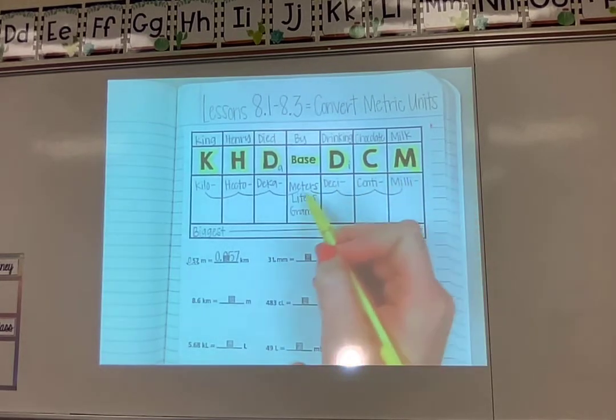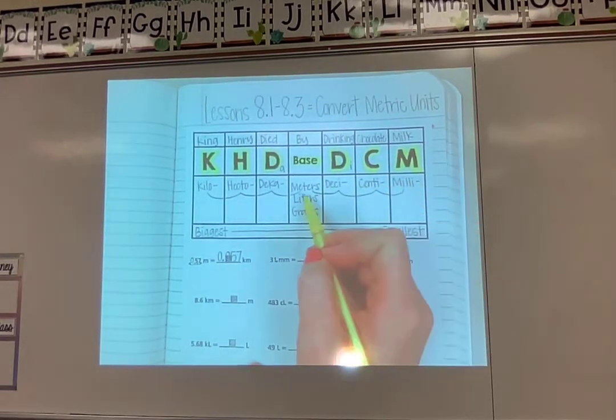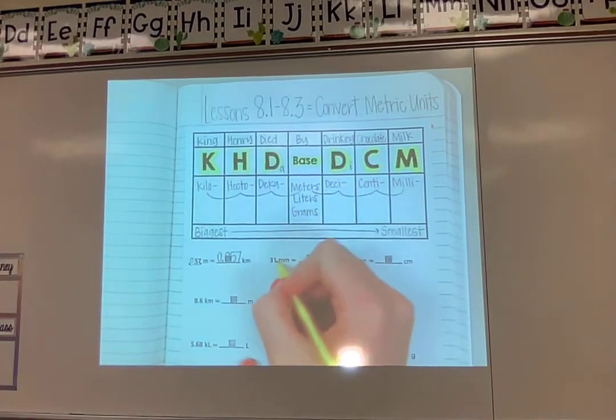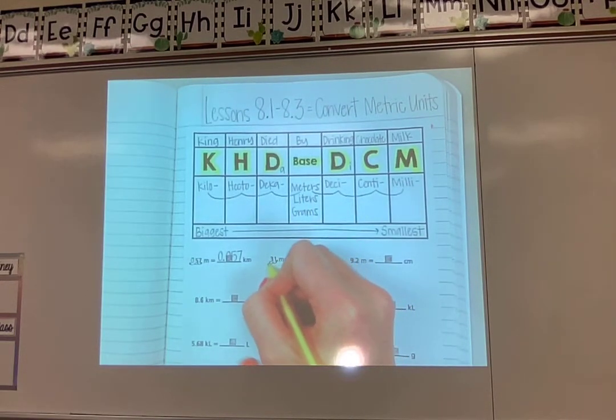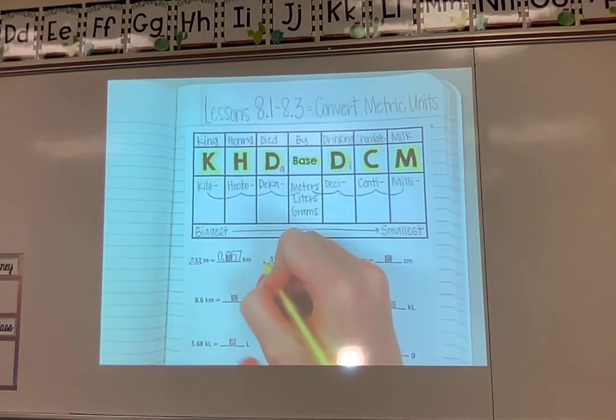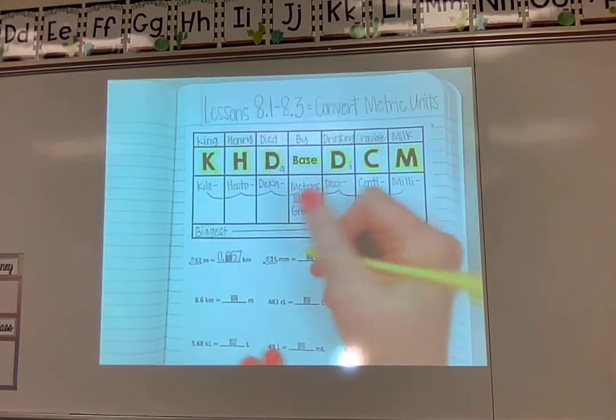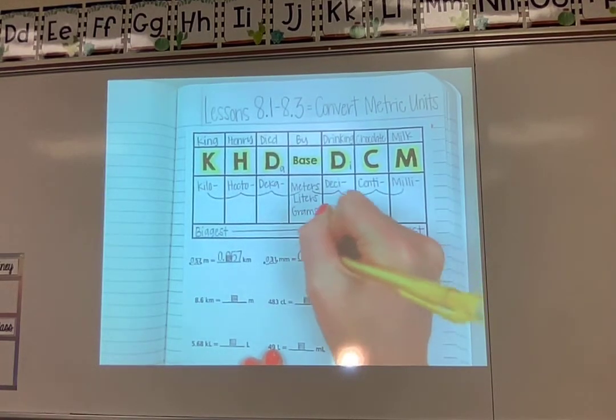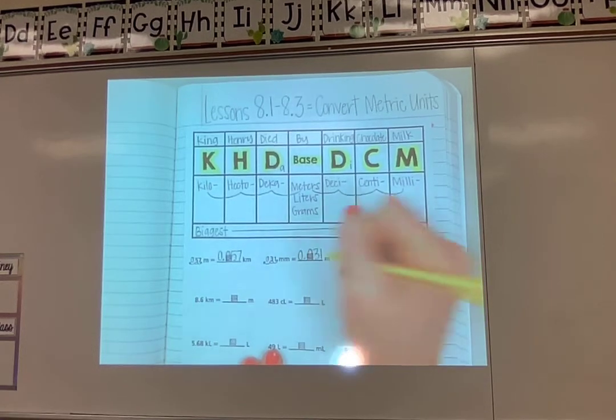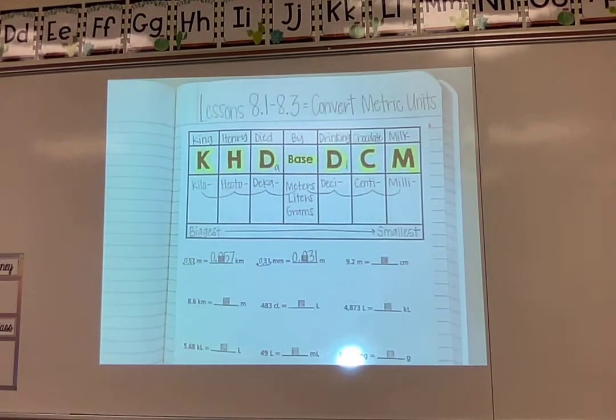And we're going this way, so I go the same way with my decimal. 3 hops to the left. 1, 2, 3. Fill in my empty loop. So this would be 0.031 meters. However I hop on my chart is the same way that I hop with my decimal. I have to do the same number and the same direction.